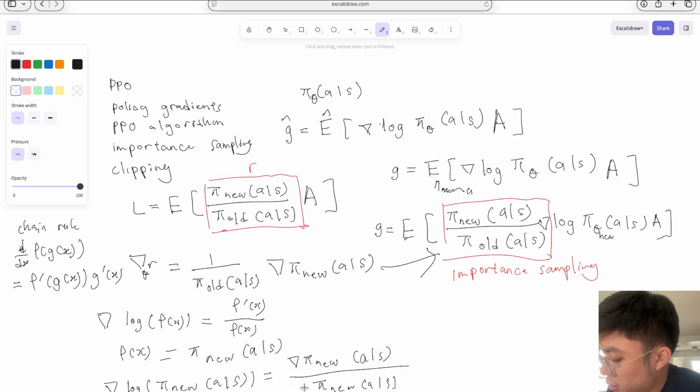Now we bring this term over, so this term equals pi new over pi old times the gradient of the log.